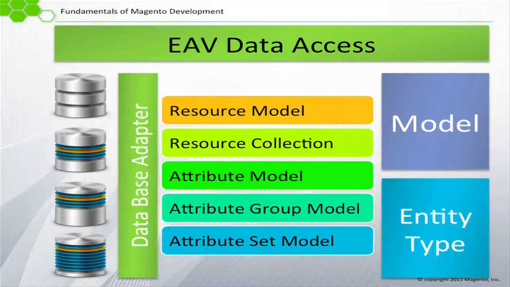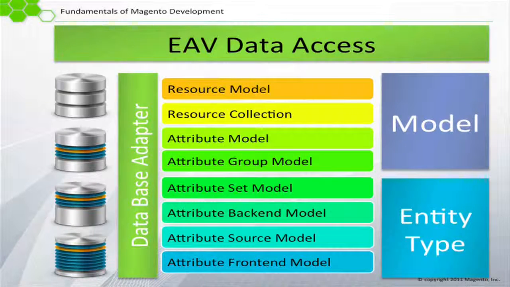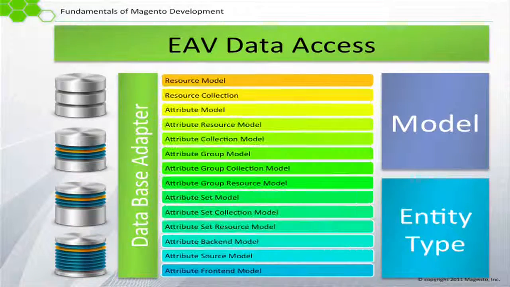And then we add backend models, source models, and front-end models for our attributes. And then, because we have to access the groups and the sets, we need collections and resources.